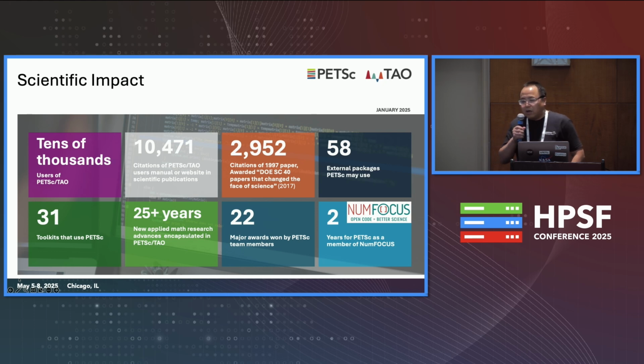By toolkits, I didn't mean a single application. Most of them are frameworks or toolkits with which you can build a large number of applications. For example, MOOSE from Idaho National Lab for nuclear reactor simulation.